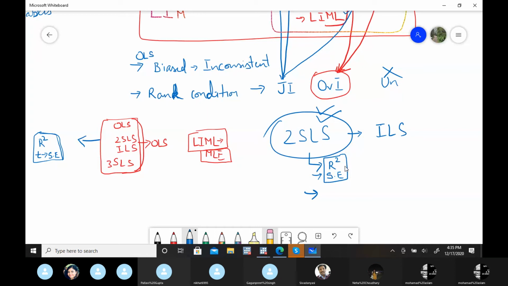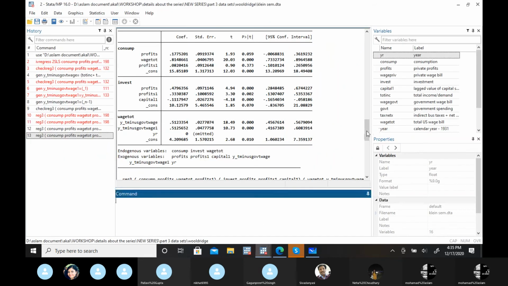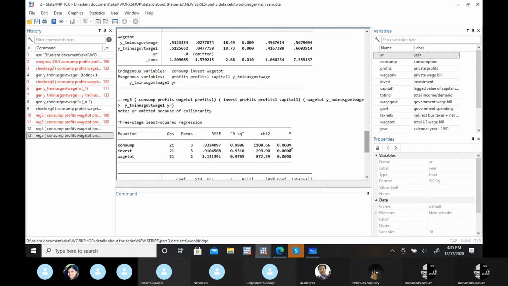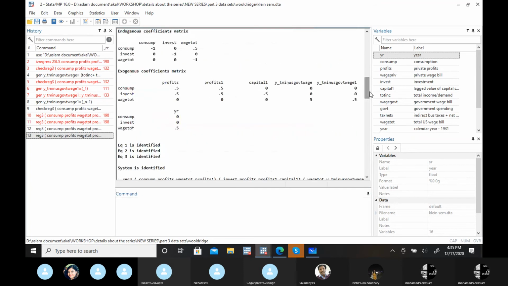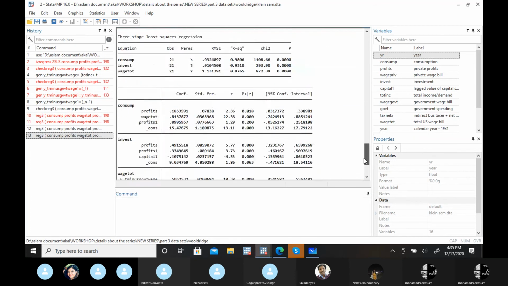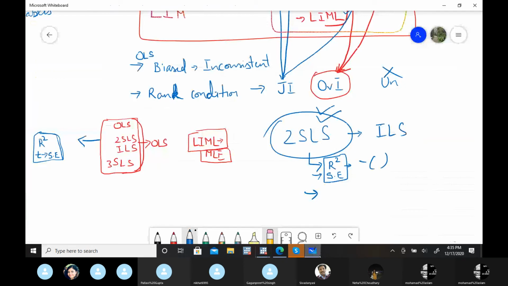Why R square may be missing, or sometimes it's negative as well. Cross-check for this particular model, 3-stage least square we have run. In this 3SLS, there is no R square at all.